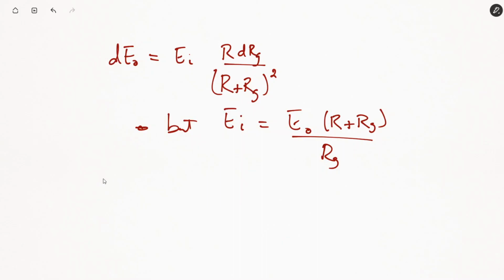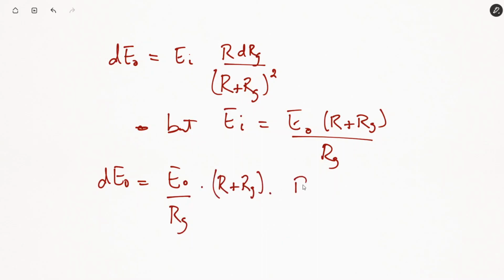So substituting that here, we get dE naught is equal to E naught divided by Rg into R plus Rg into R dRg divided by R plus Rg square.